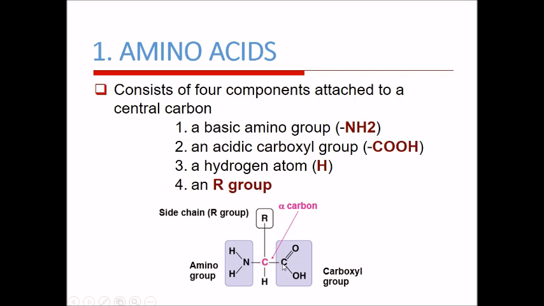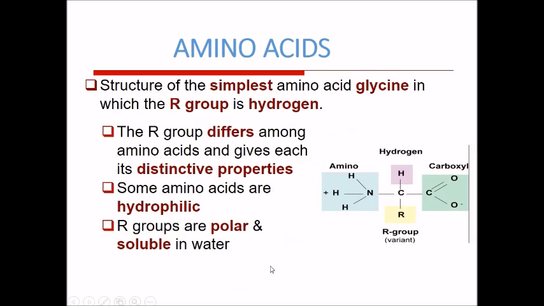Then they also have a carboxyl group, COOH, that also attaches to the central carbon, and then a single hydrogen atom that attaches to the alpha carbon, and also the R group. The R group is also known as the side chain. This R group is only an abbreviation for any group that attaches to this alpha carbon.